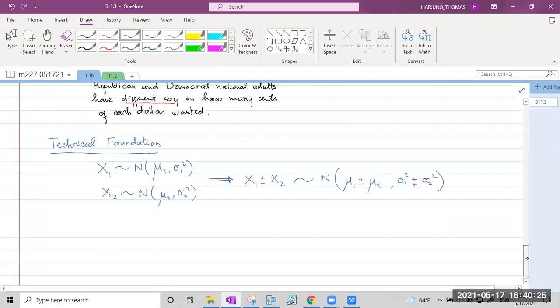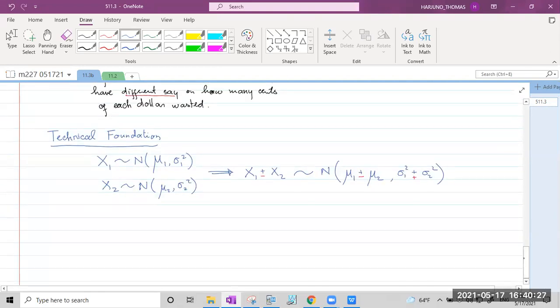Now what happens with sample means? Suppose you have X1 that is normally distributed with mean mu1 and variance sigma 1 squared, and then you do sampling of size n1. So X bar 1 with size n1 will be normally distributed with the same mean, that's the central limit theorem, and the variance will be sigma 1 squared over n1.